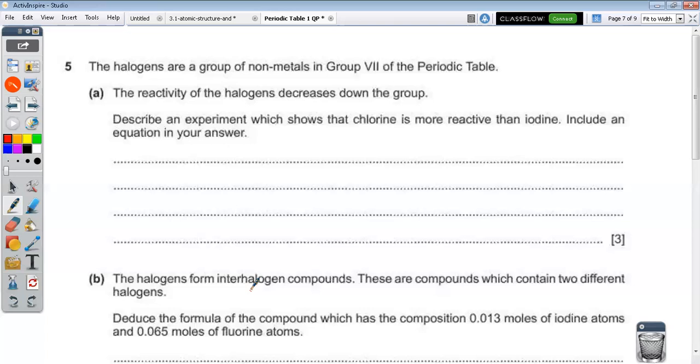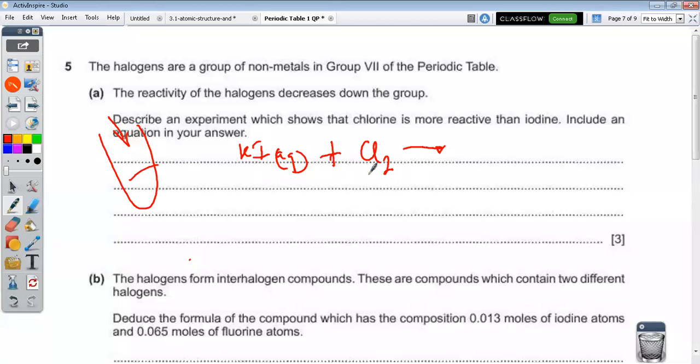Didn't you talk about displacement reactions? So you simply set up a reaction where, for example, you use a potassium iodide aqueous solution and bubble through chlorine gas. Chlorine will displace the iodine because it's more reactive.